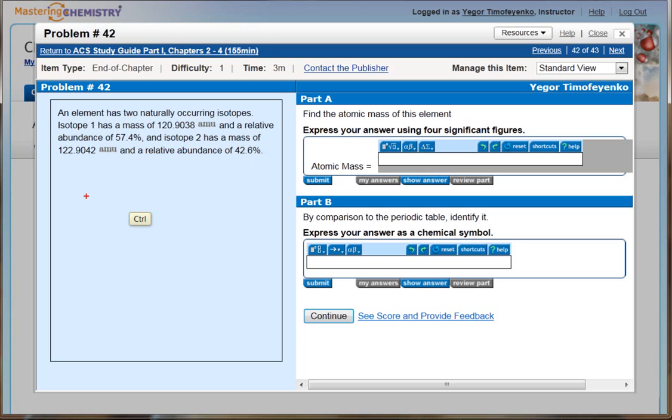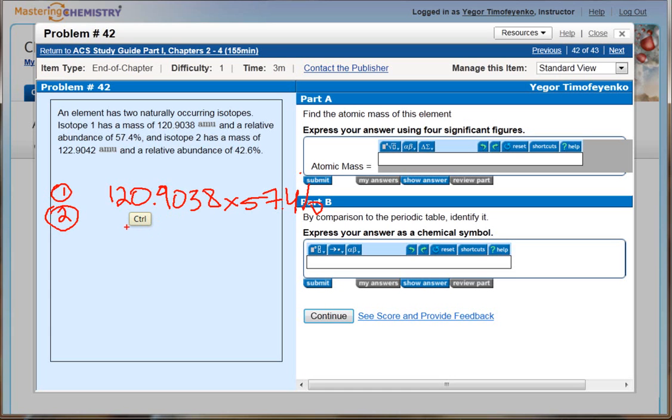And so in this case, we have isotope 1, we have isotope 2, and what we have is 120.9038 times 57.4%.